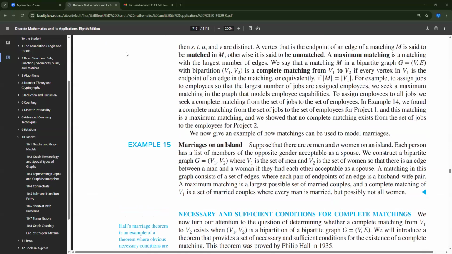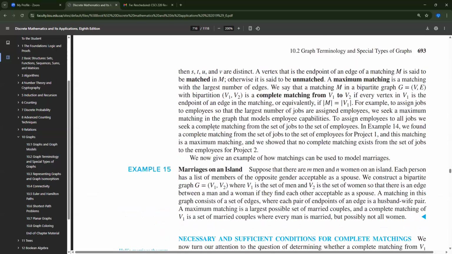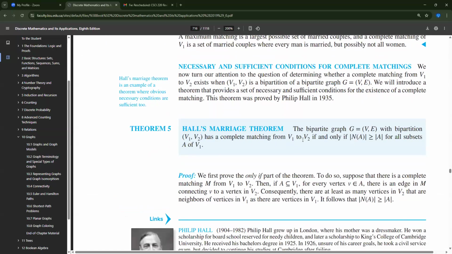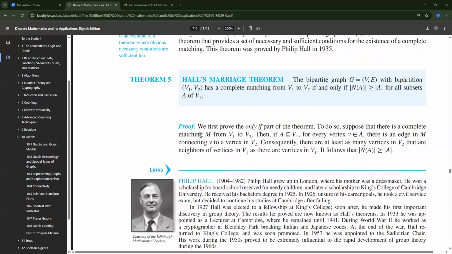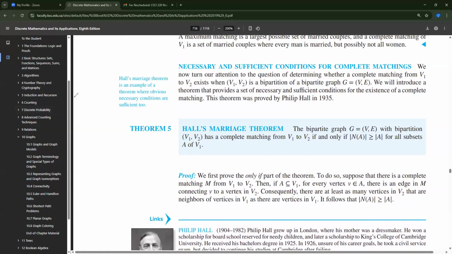So you have a bipartite graph with a bipartition V1, V2 that has a complete matching from V1 to V2 if and only if the size of N(A) is greater than or equal to the size of A for all subsets A of V1. It's hilarious how in CS you can just create a random theorem and become so famous from it. It's the most random of theorems.